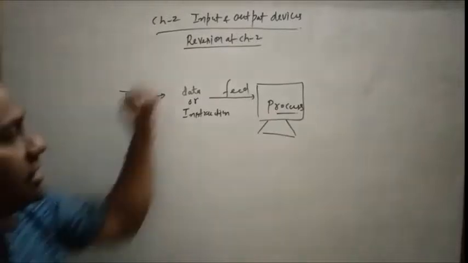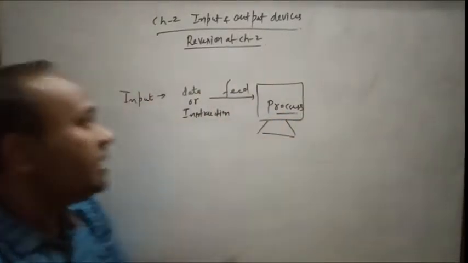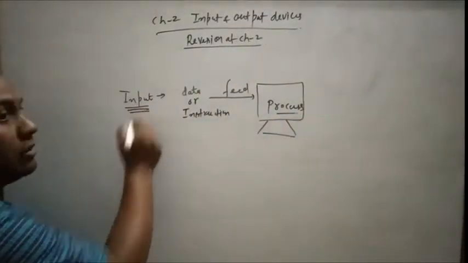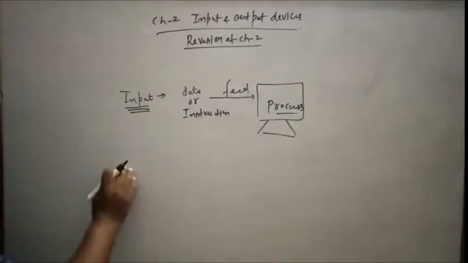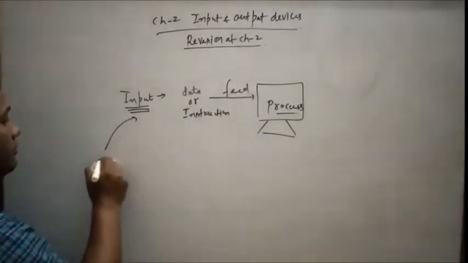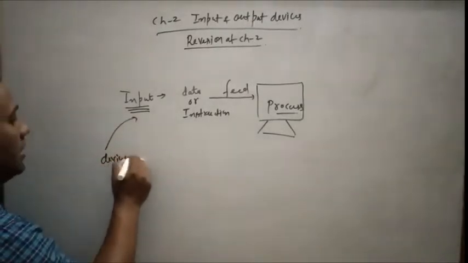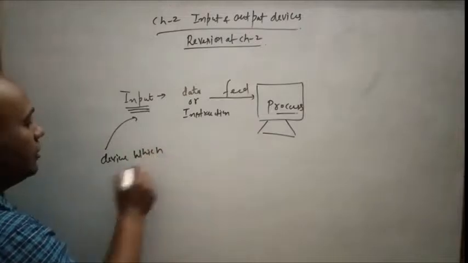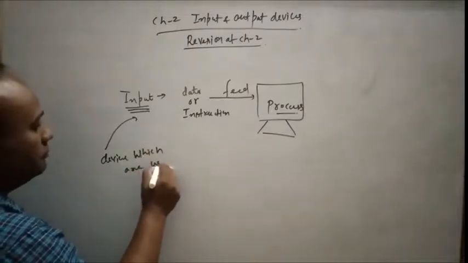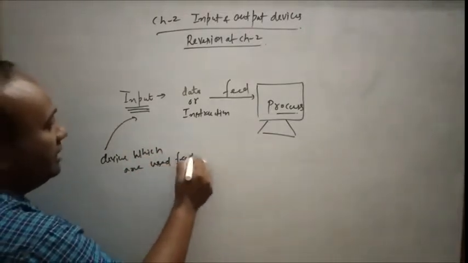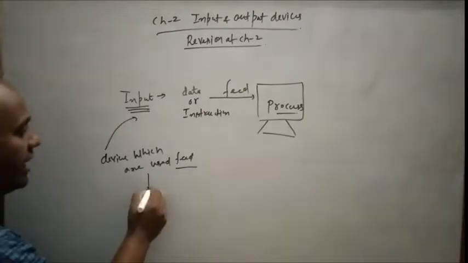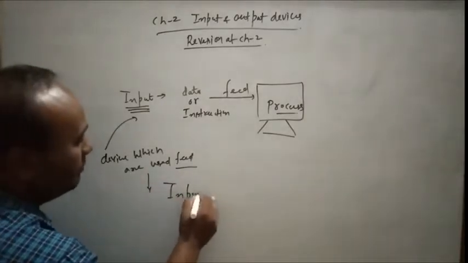Data or instructions fed to the computer to process is called input. And the devices which are used to feed these instructions are called input devices.